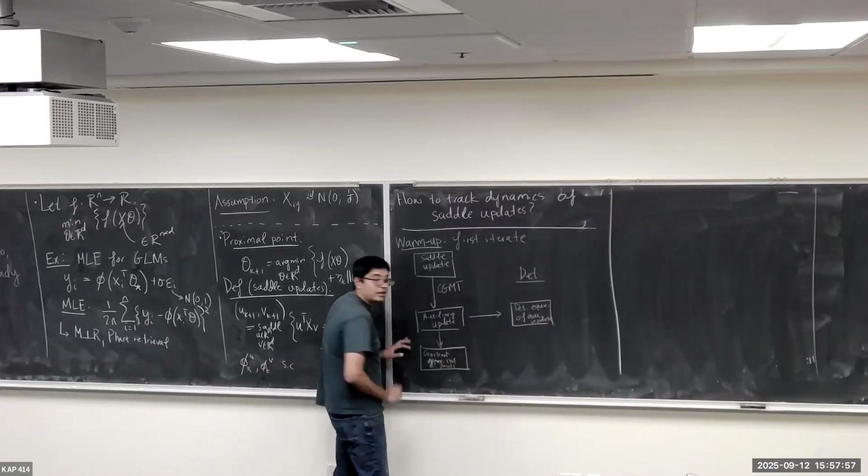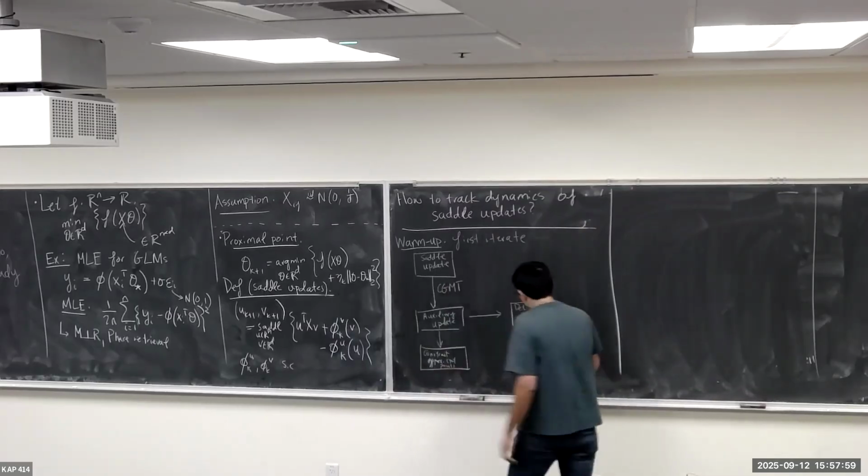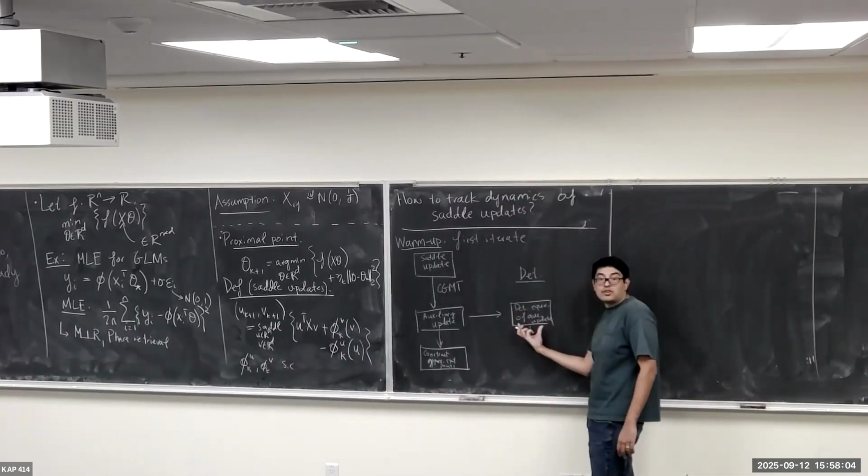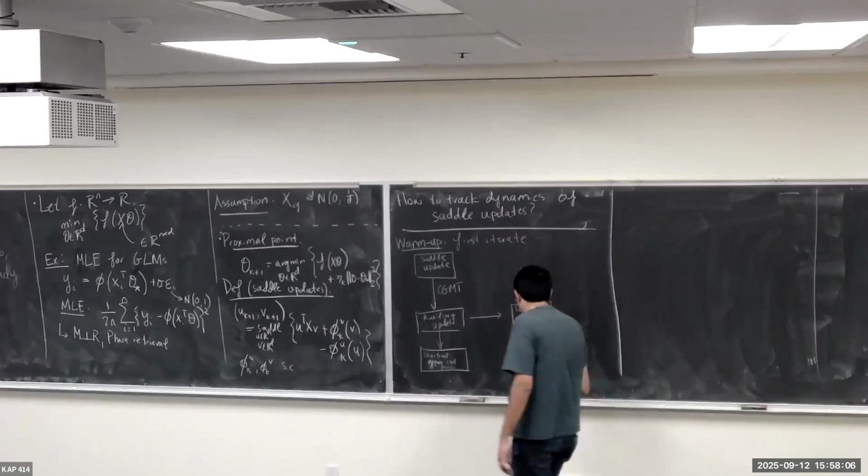Where are these approximate stationary points going to come from? They're going to come from an explicit construction of the stationary points of this deterministic equivalent.